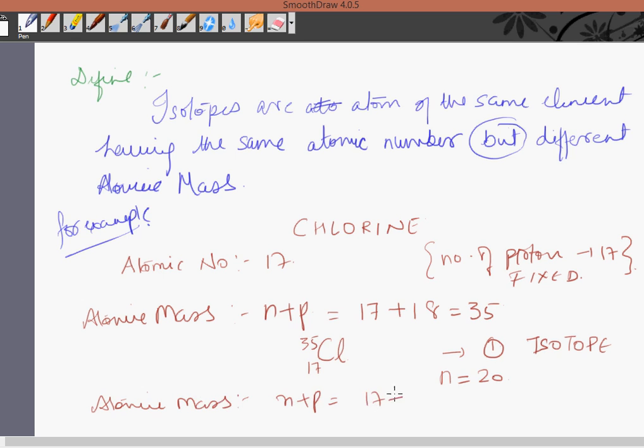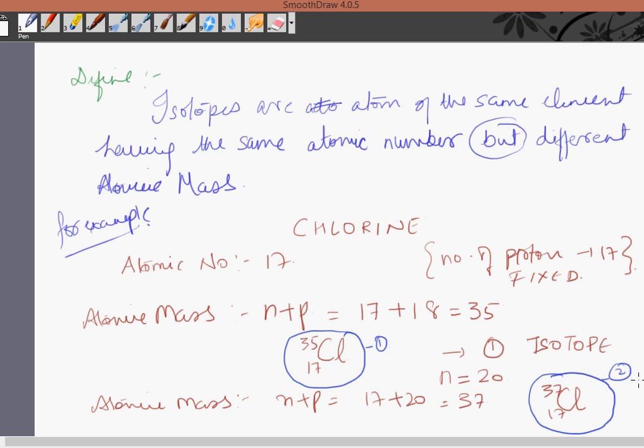It is 17 plus 20, that is 37. So the symbol will be Cl. Here we write 37 and here 17. So what are the two isotopes we have? One, which is a normal element, and this is the isotope of chlorine, right?